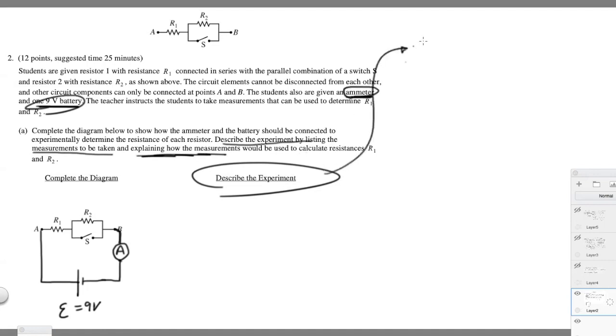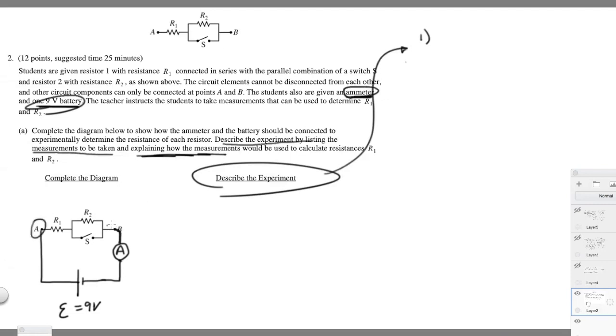So describing the experiment. My first step, step 1: connect ammeter and 9-volt battery in series to the given circuit at points A and B as shown.